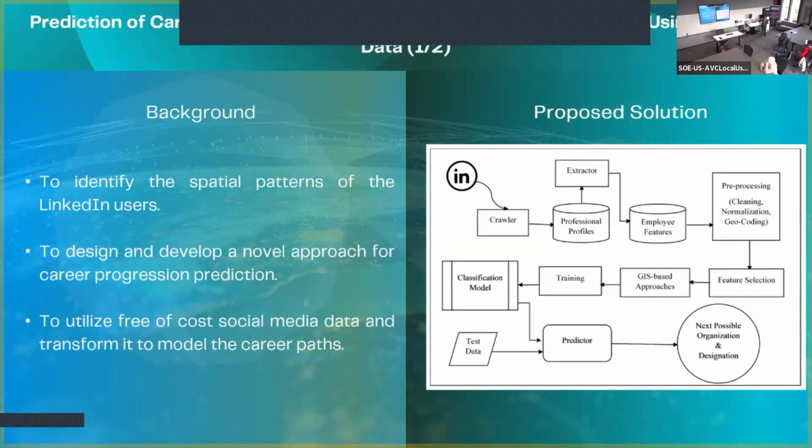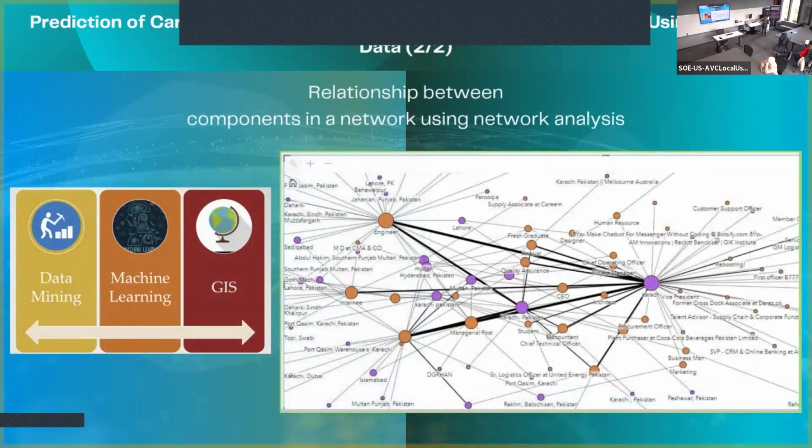This also we extracted from a LinkedIn data set based on their profile, and then you can see the relationship between components and the network using network analysis. So we used GIS network analysis, and we tried to extract their progression growth from one point to another point.